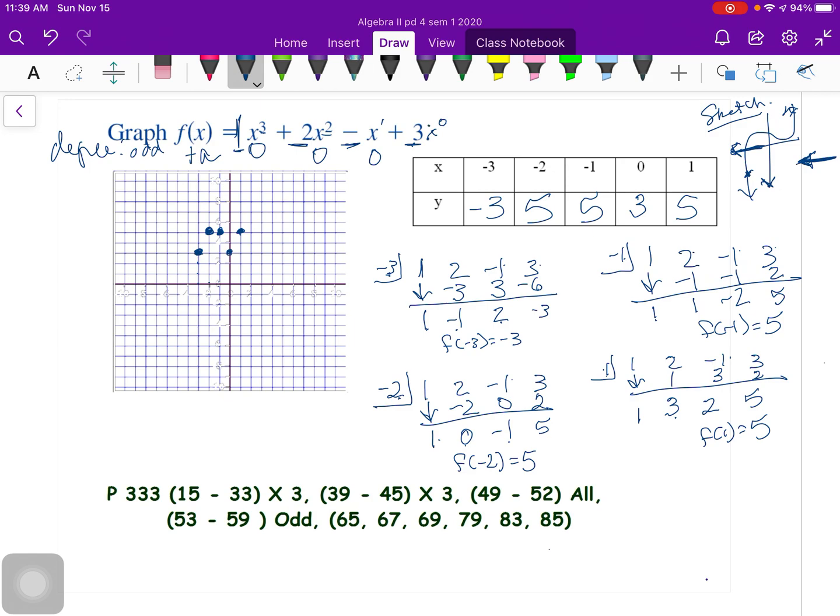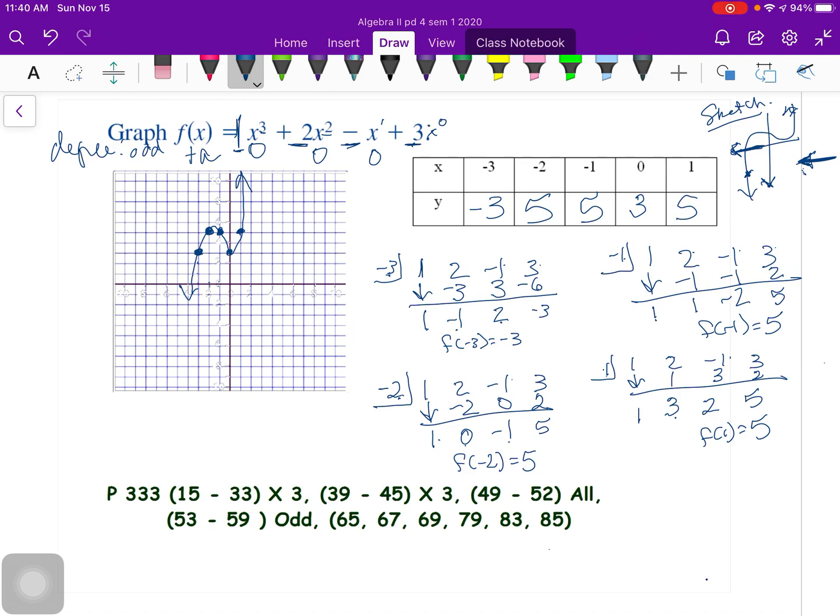So I started with this one, so I'm going to curve through all my points. Notice here I didn't just go straight, I have to curve through it. Is this graph similar to what I started thinking? Yes, it is. So that does make my end behaviors match according to the degree and the leading coefficient.